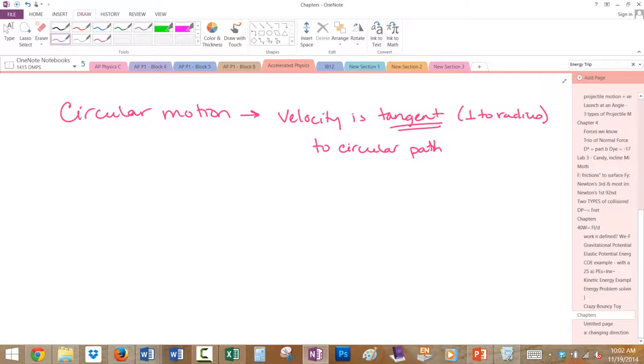When something is moving in a circle, we know that it must be accelerating, right? We know that that acceleration is always pointing, with a common theme. It's always where? Towards the center of the circle.